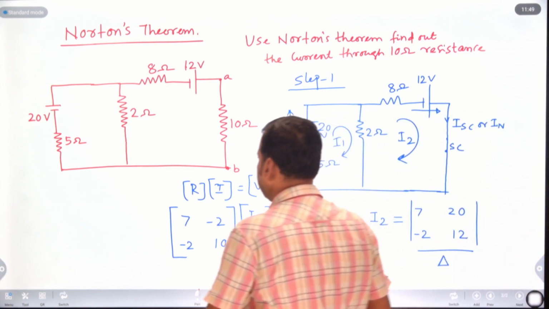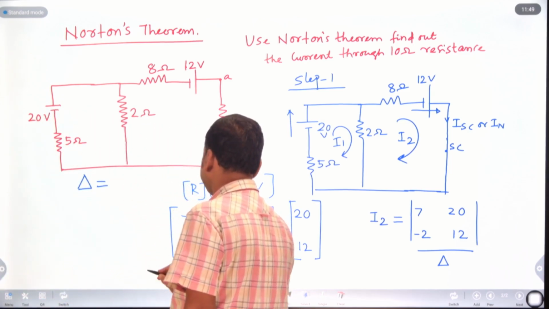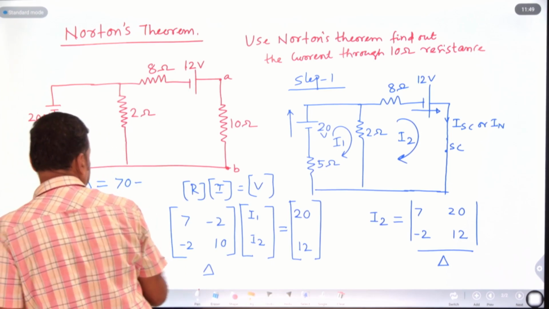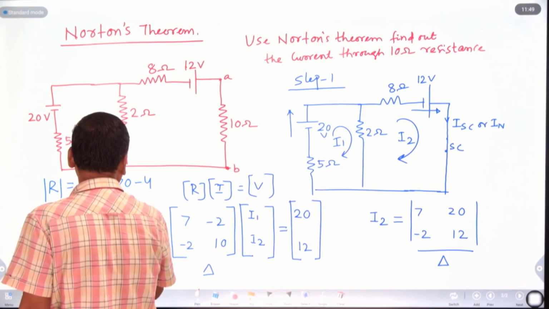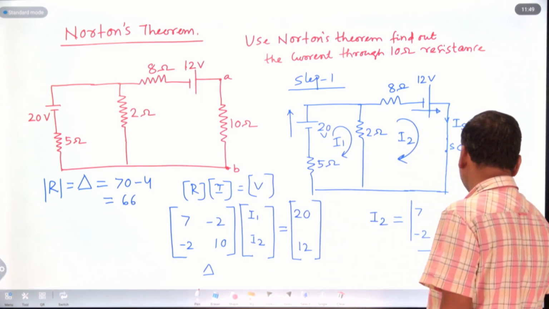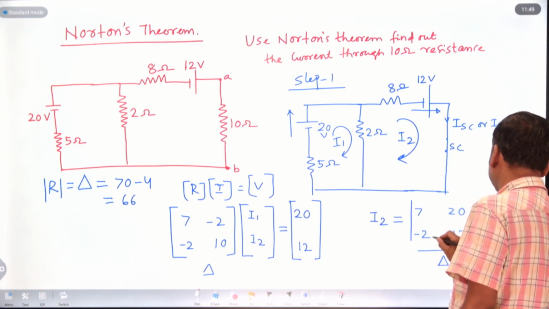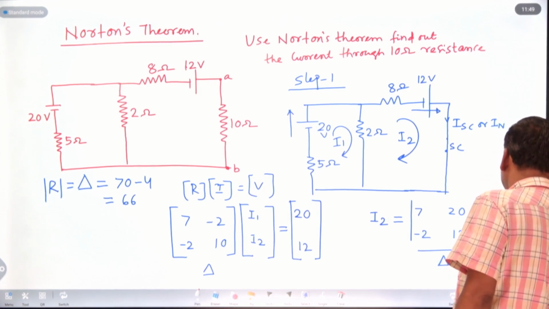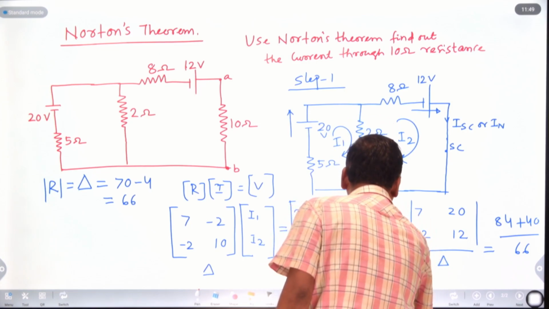So delta is 10 into 7, that is 70, minus (minus 2 times minus 2), that is 4. So this is 66. The numerator is 12 into 7, 84, plus 40, divided by delta, which is 66. So the I2 value is 124 over 66.